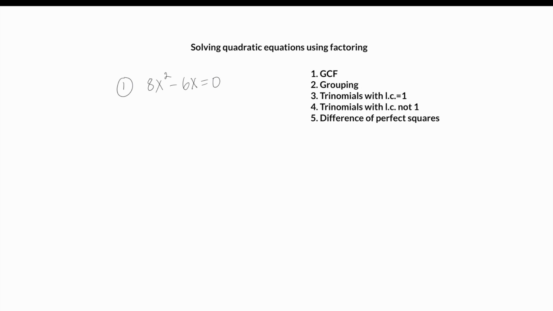Well, since we're solving using factoring, it only makes sense to go ahead and factor. This is a binomial. I will be factoring using the greatest common factor, and that's this very first technique, GCF. I'm noticing that the 8 and the 6 have a 2 in common, so the first part of GCF is 2. And then 8 has 2 x's next to it, and the 6 has 1 x next to it, so they have 1 x in common, and that will join the 2.